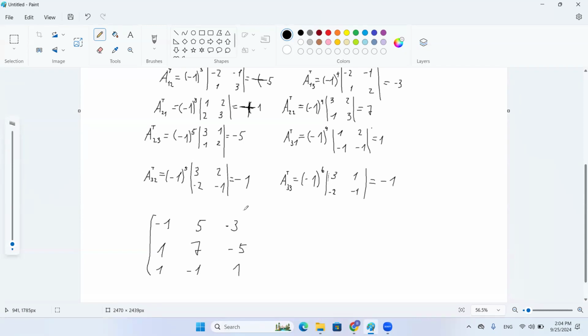And what else do we need to do here? What is missing? It's not the final view of the inverse matrix.